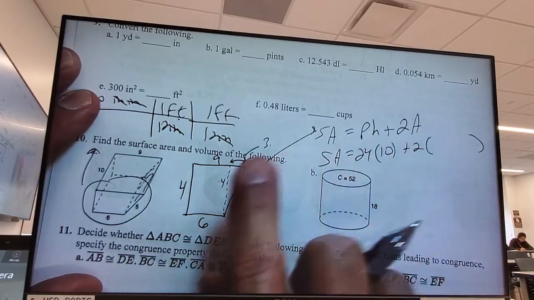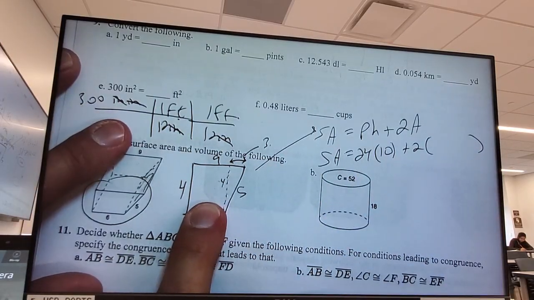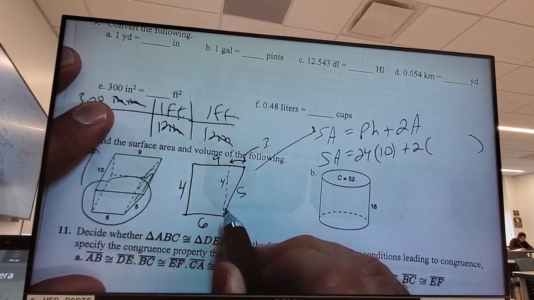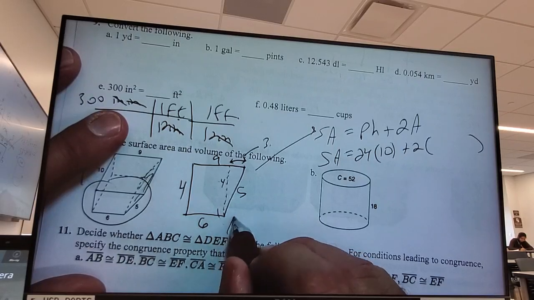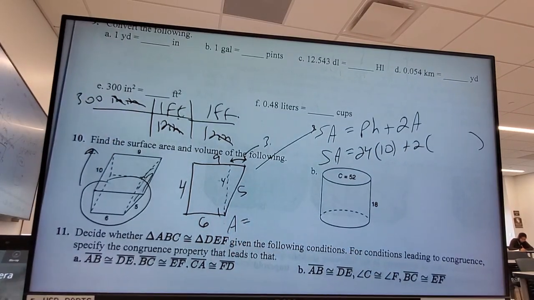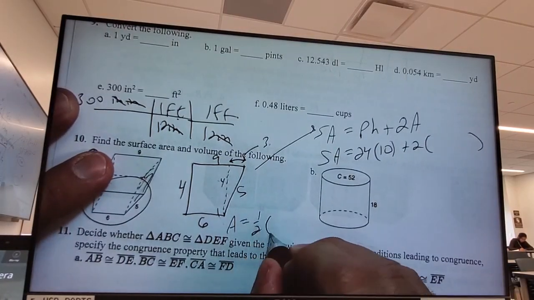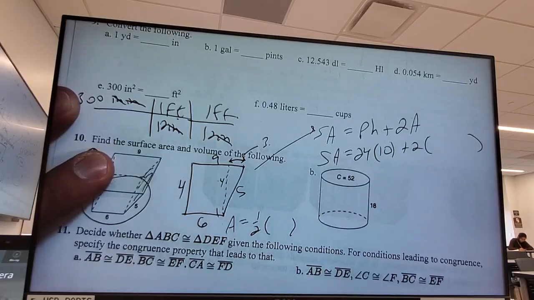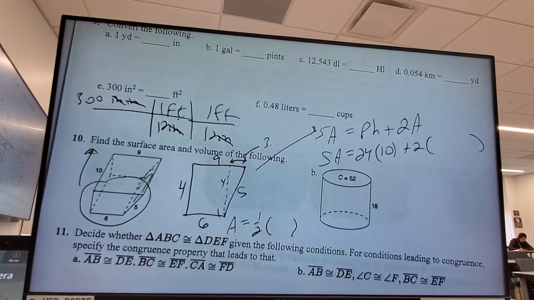And how to get the area of this trapezoid? What do I do to get the area? We need it again for the volume anyway, so let's get it. Was it 1/2, like the 2 bases? Yes, 1/2. Add the 2 bases now. What are the 2 bases? 9 and 6. They're the 2 that are parallel to each other.